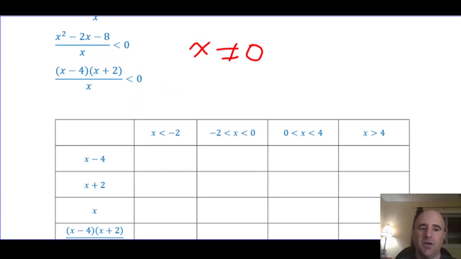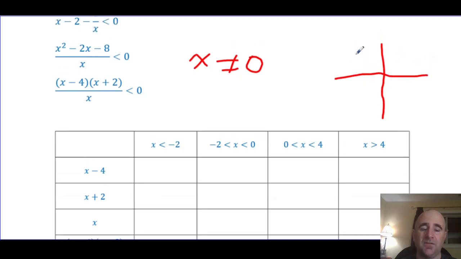So think of graphs of rational functions, and think about when they could change sign, from positive to negative. When they cross the x-axis, that could happen. So the x-intercepts at 4 and negative 2 give us 2 of our regions. But another thing that can happen is the graph can switch signs after a vertical asymptote.